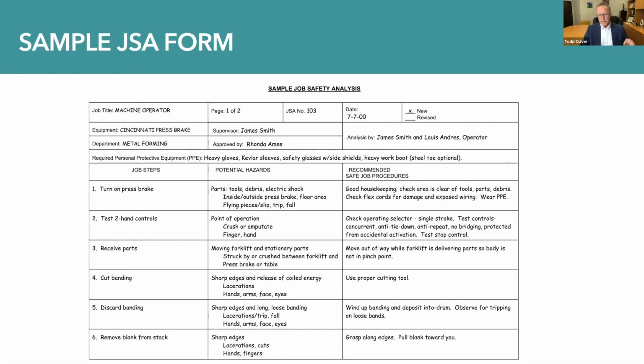Again, date each JSA, indicate whether it's new or revised, and then break it down into each step of each job, the potential hazard associated with that step, and recommended safe job procedures for each step.